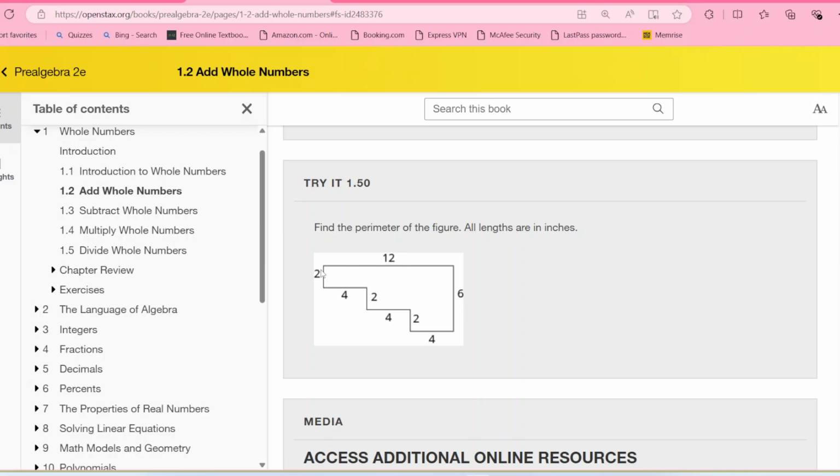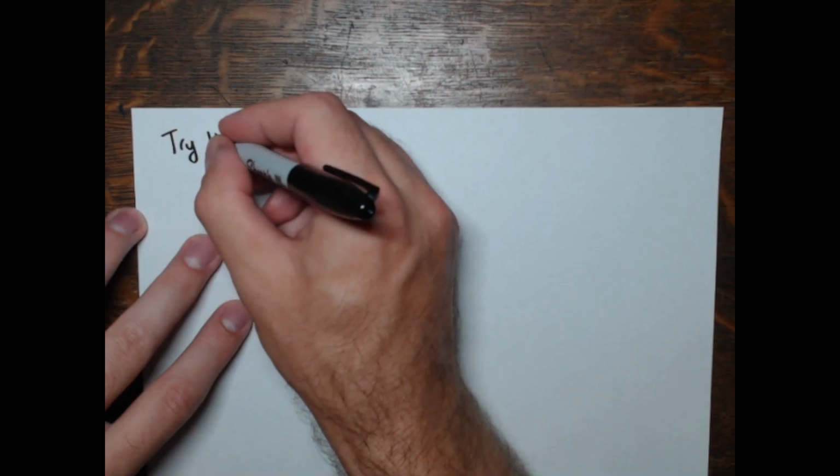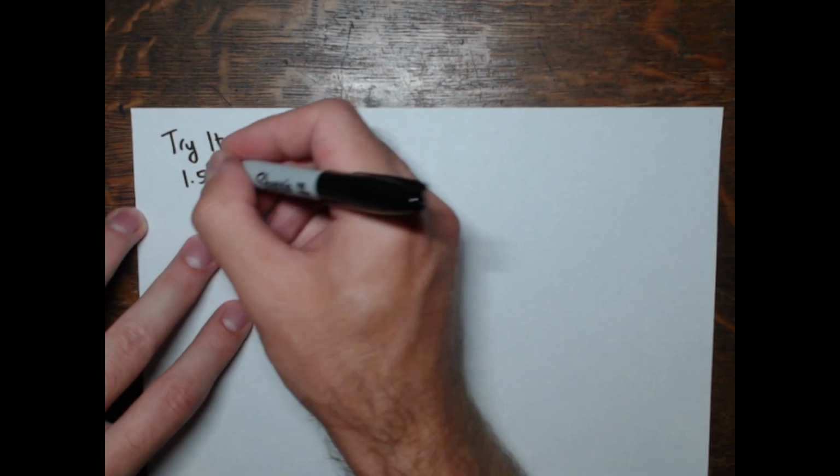So 1, 2, 3, 4, 5, 6, 7. Another 8-sided figure. But we're still asked for the same thing. We're asked to do the same stuff here, right? Find the perimeter. Try it 1.50.